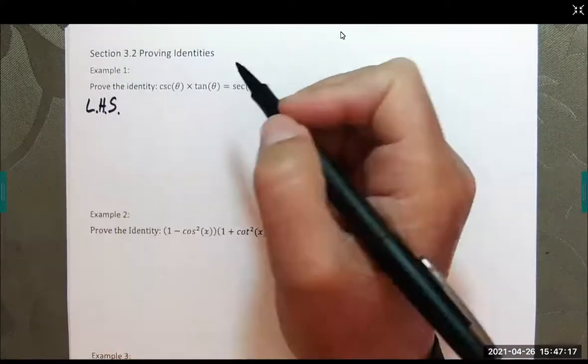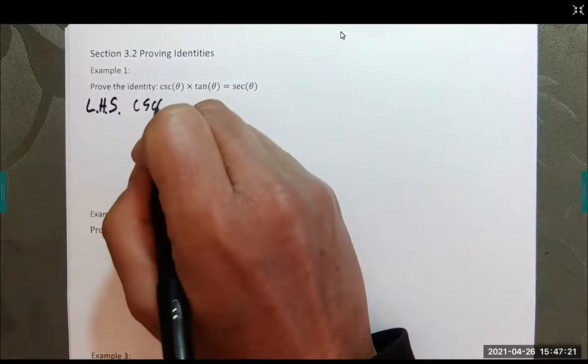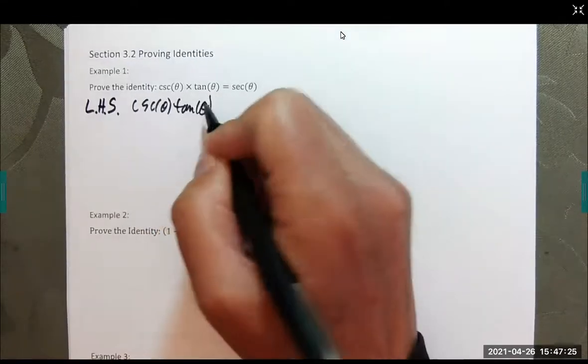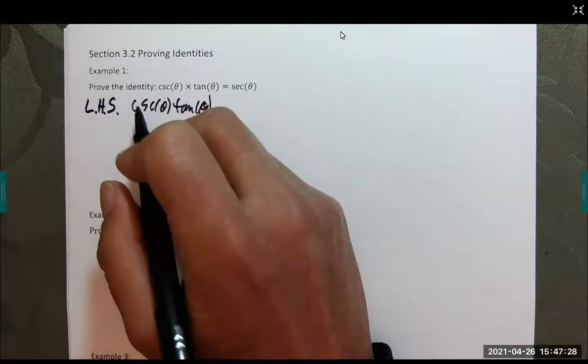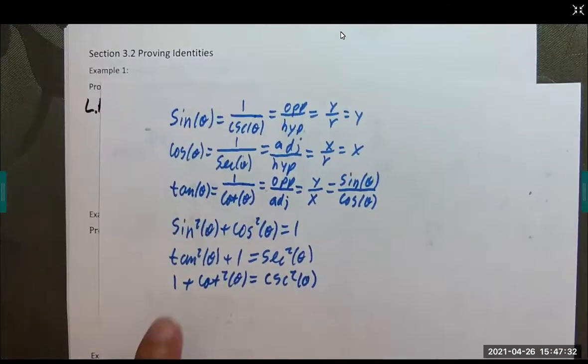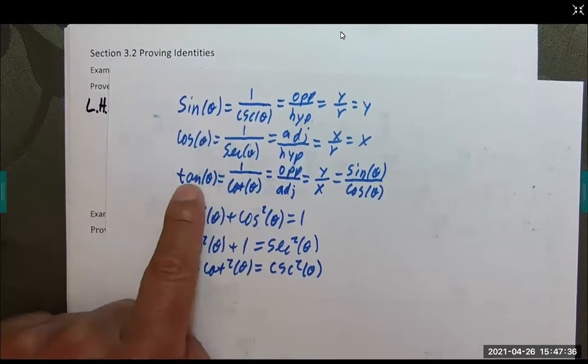CSC, cosecant of theta, tangent theta. What I'm going to do is rewrite both of these in terms of sine and cosine. Now, cosecant is the reciprocal of sine, and tangent is sine over cosine.